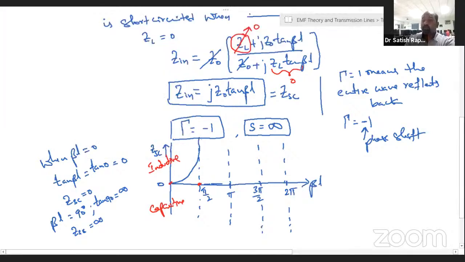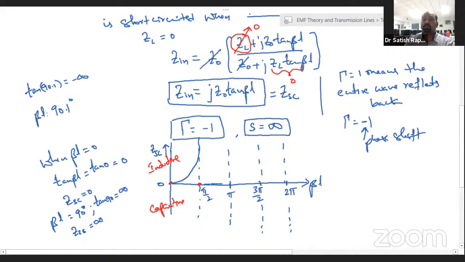Immediately after 90 degrees, for example 90.1, or even 90.01, 90.02, tan is minus infinite.